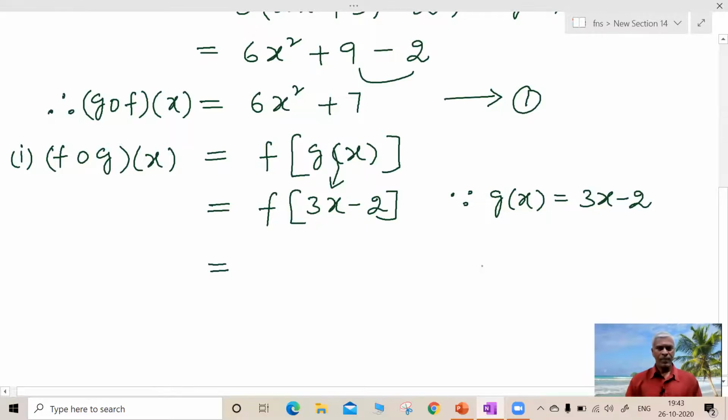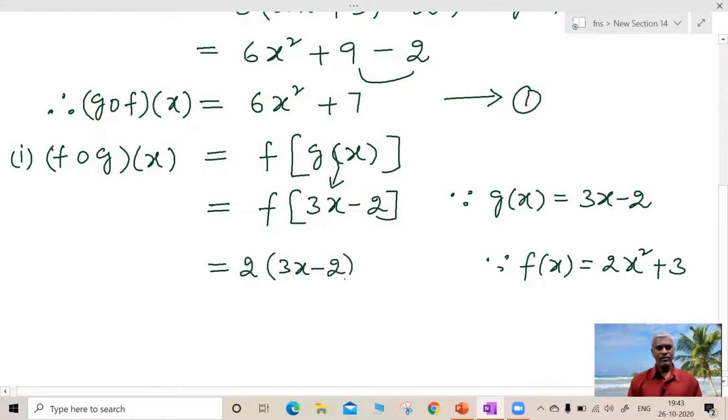That is, what is f(x)? f(x) is equal to 2x² + 3. So in this definition, in place of x, if you write 3x − 2, so 2(3x − 2)² + 3.